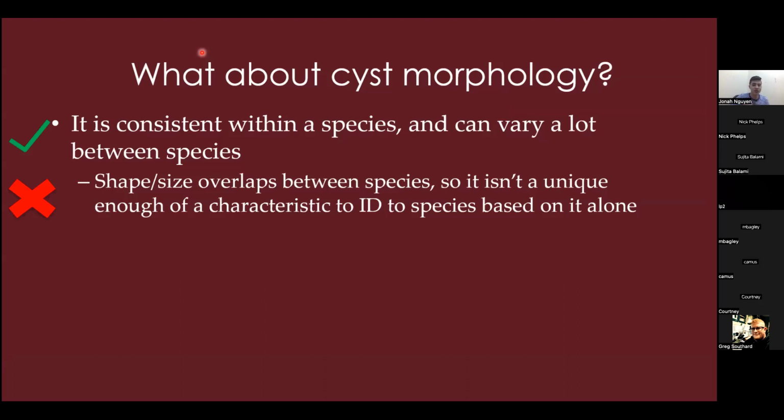It's more of a small piece of evidence you could use to help differentiate or describe a new species, but it alone is not enough, considering three or four different Dermocystidium species, if not more, are just elongated ovals, about the same size too. So it's not unique enough a character to use for sure every single time.